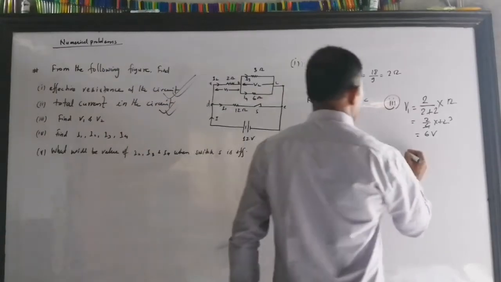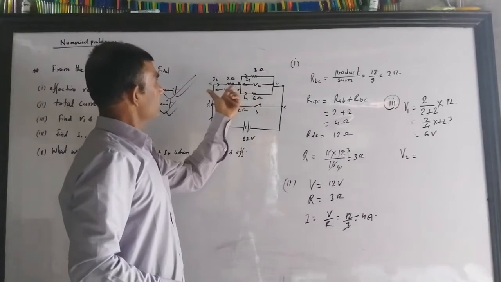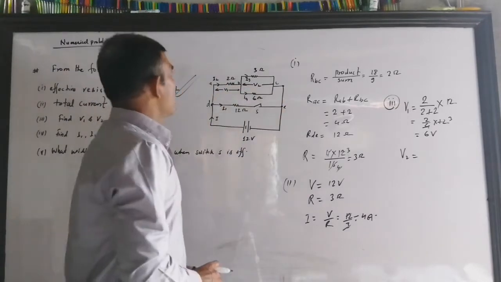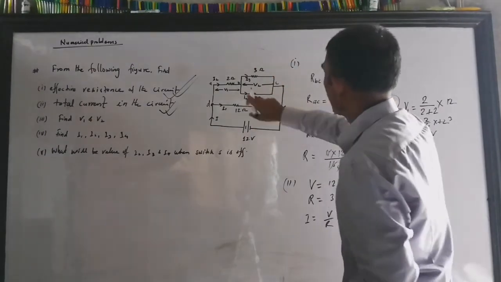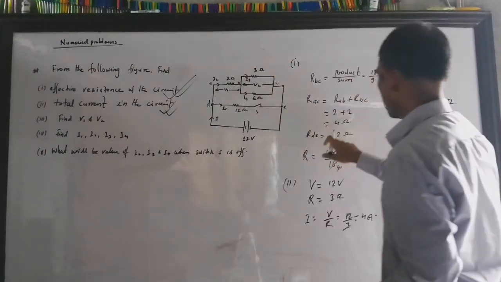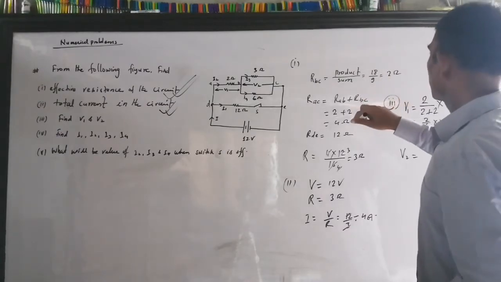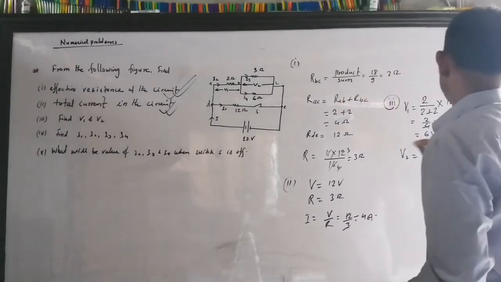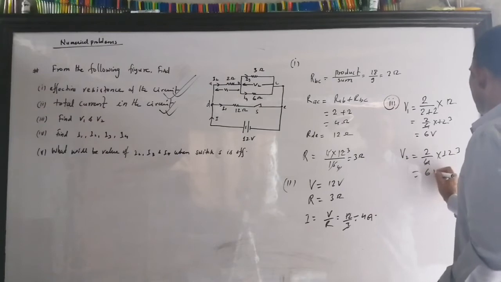Okay, so next is the V2. Now you want to find the voltage across B to C. Again the same thing, the resistance of this branch from B to C is again 2 ohm, and the same thing, 2 upon 2 plus 2 is 4, into 12, and so 3 again, we get 6 volt.